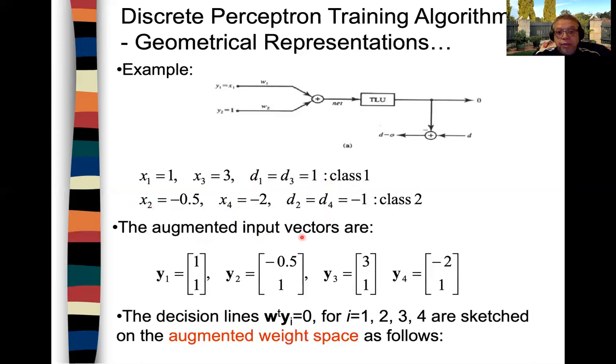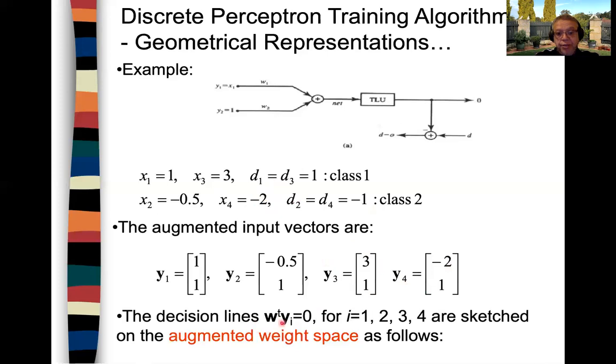So the augmented input vectors are, in this case, for y1, 1, 1. For y2, it'd be minus 0.5, 1. So all of them have 1. For y3, it'll be 3, 1. For y4, it would be equal to minus 2 and 1.